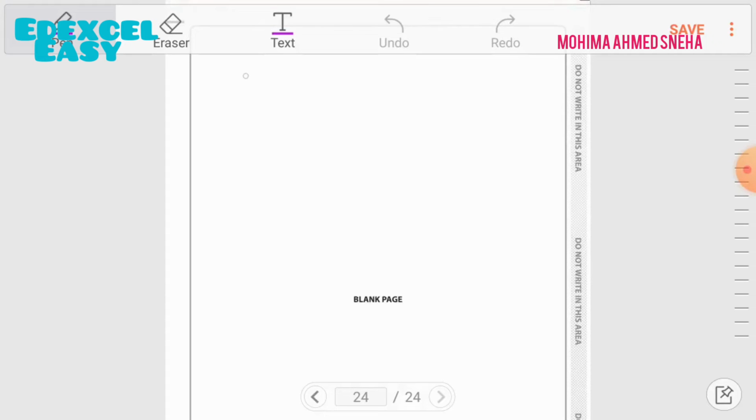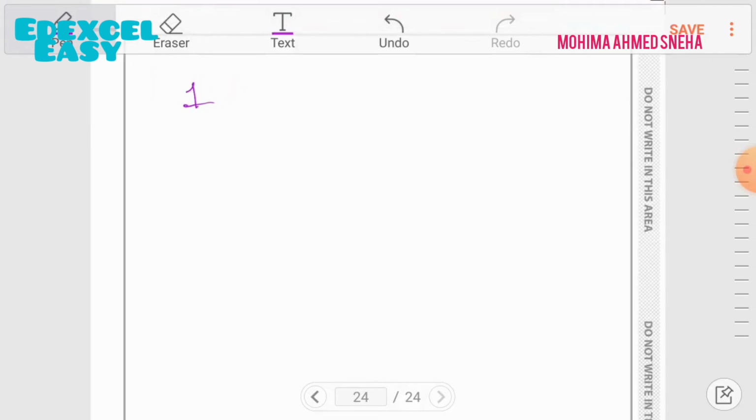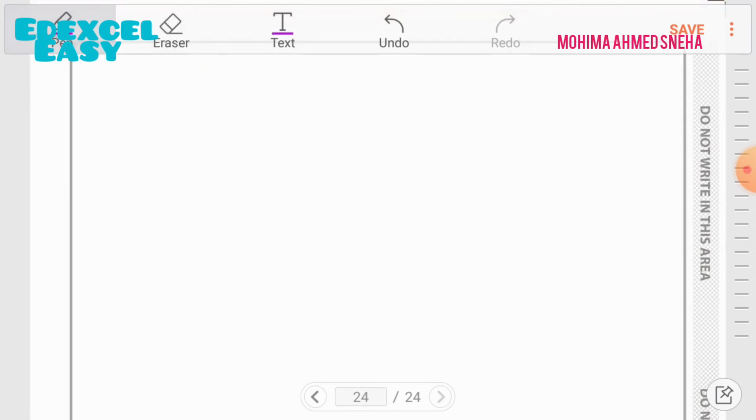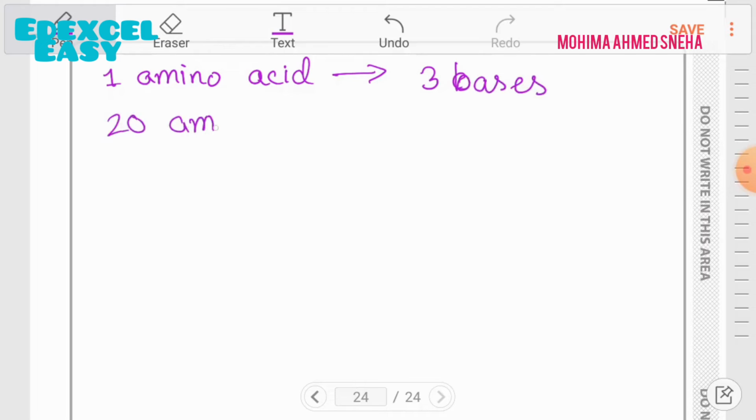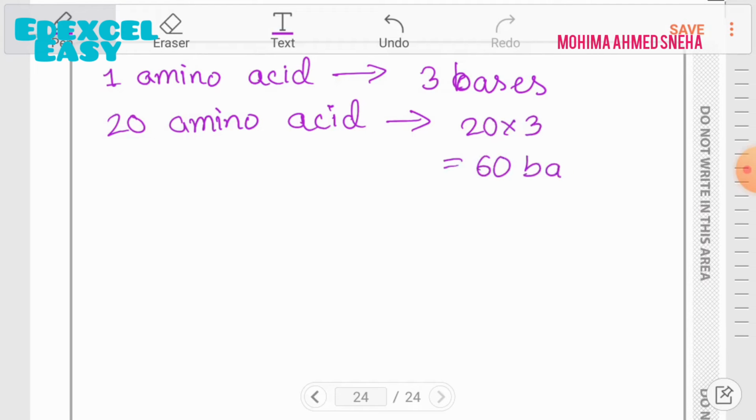So as one amino acid consists of 3 bases, 20 amino acids should consist of 20 into 3, that is 60 bases.